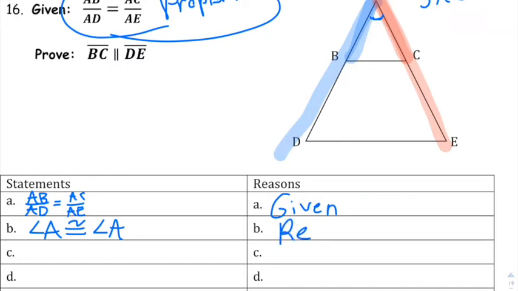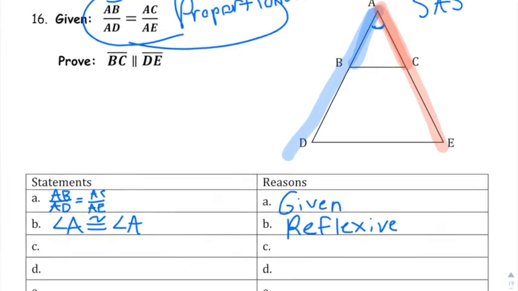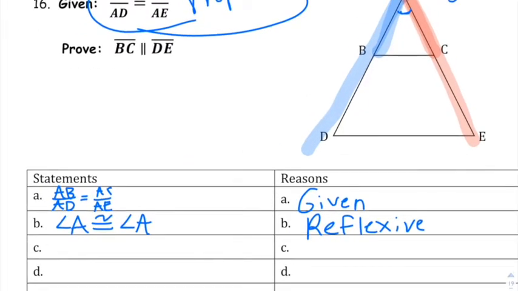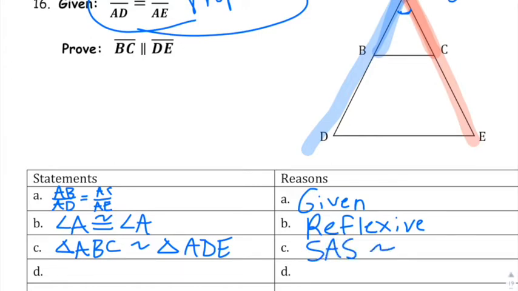So that is the reflexive property. Usually we use that reflexive property when there's something that's shared. And then we can say that the two triangles are similar. So we can say, I guess, triangle ABC is similar to triangle ADE. And that is by side angle side similarity. I think that's a theorem. Can't remember. The side angle side similarity, put something along the lines of that.